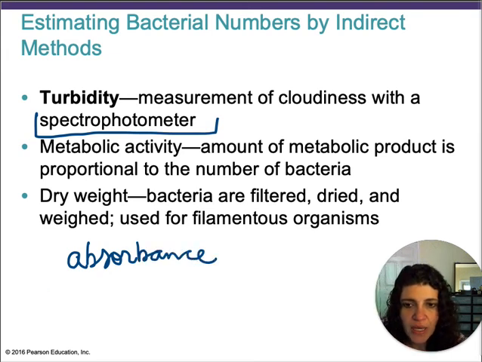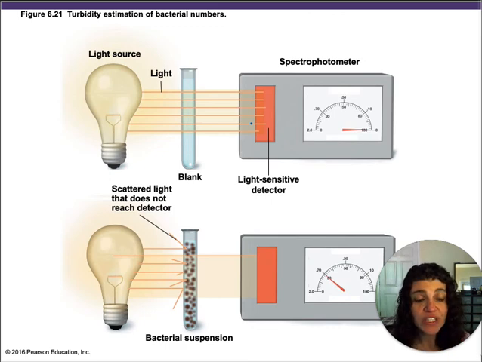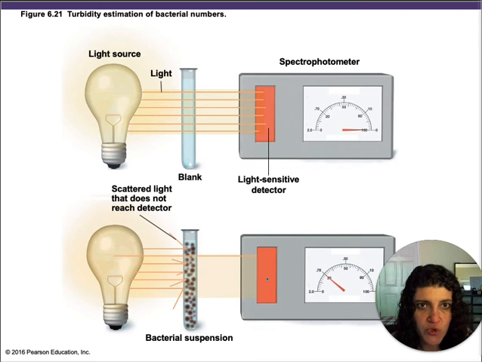So measuring the absorbance with the use of this type of equipment, spectrophotometer, will give you the cell density, right? The more bacteria, the more cloudy, the more absorbance you can measure. Does it make sense? And then you have to just apply a formula to know exactly how many bacteria you had.